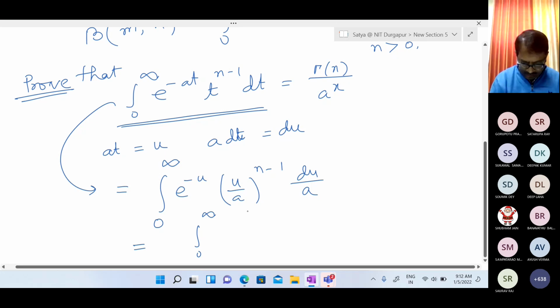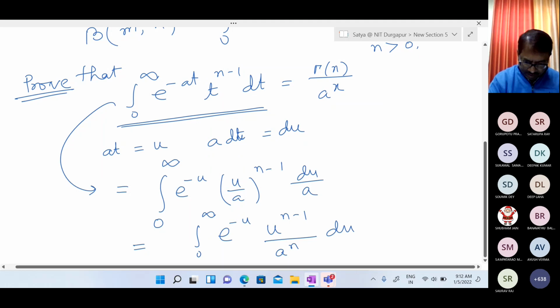We are getting e to the power of minus u, u to the power n minus 1, and we are getting a to the power n du below.